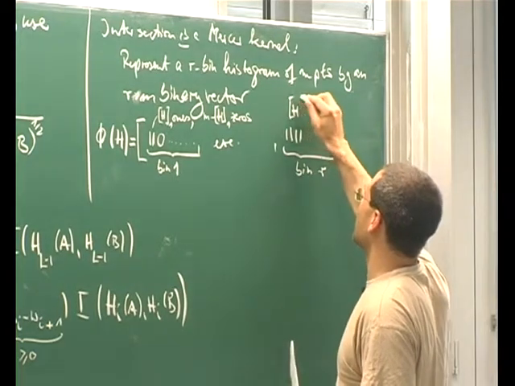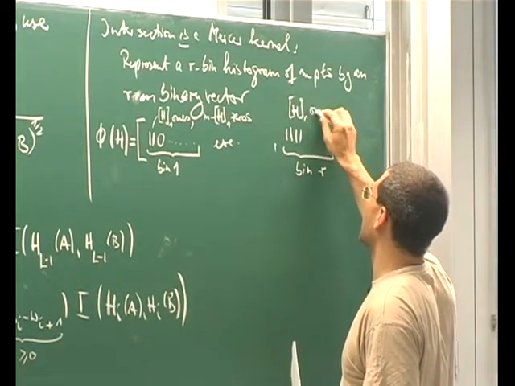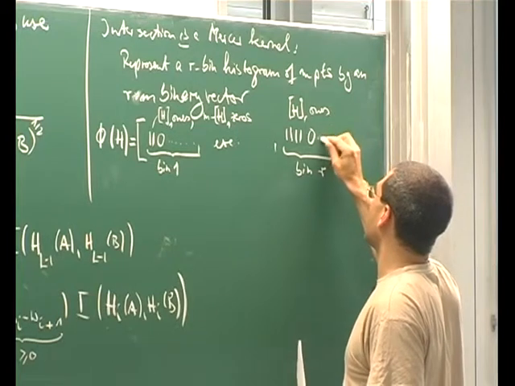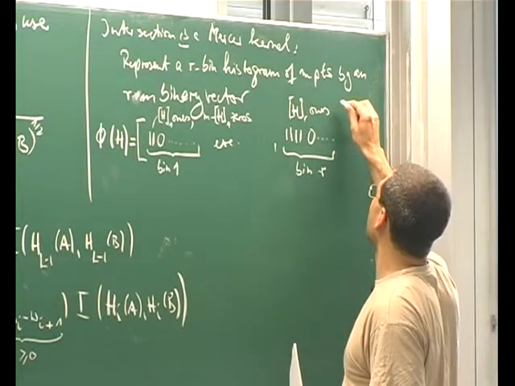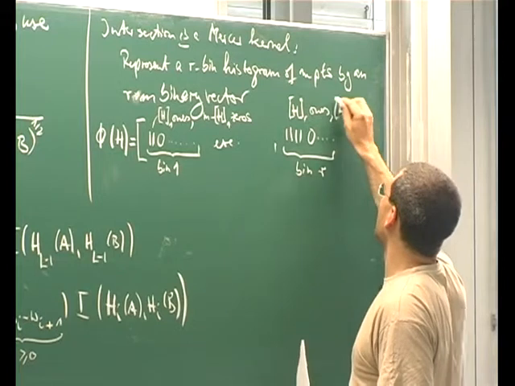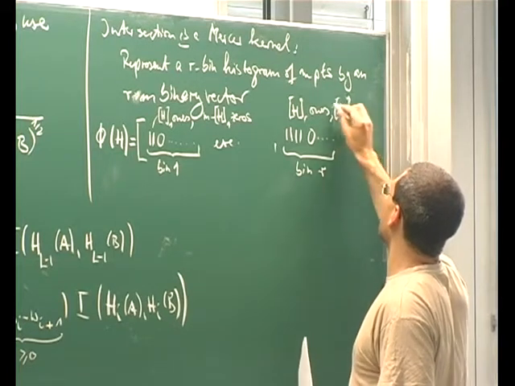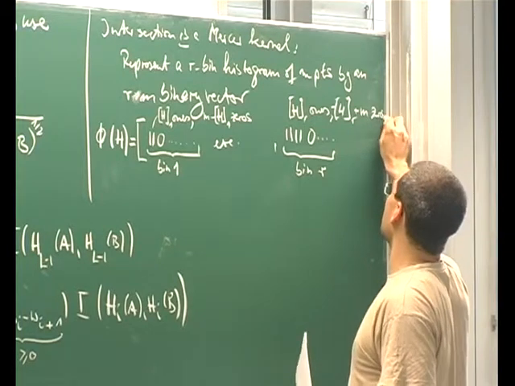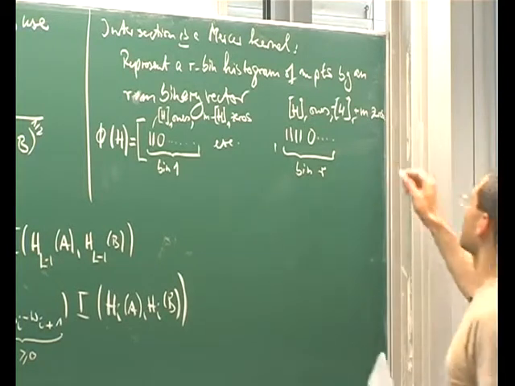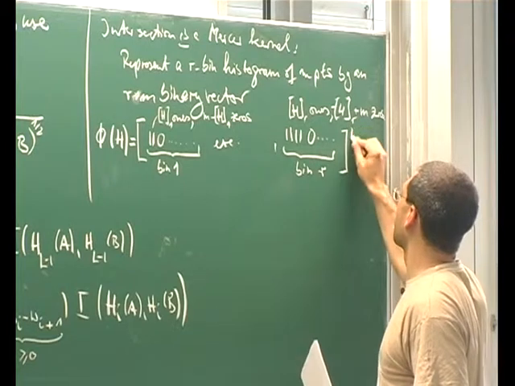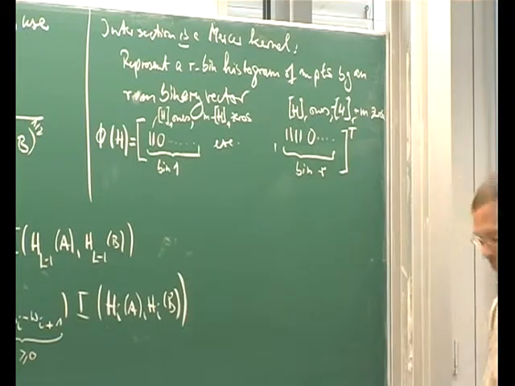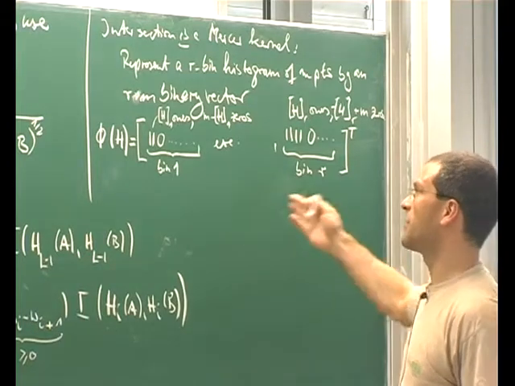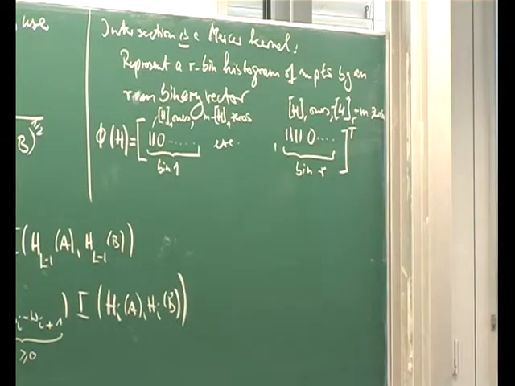So this would be H of R ones, followed by that many zeros. So essentially, we represent the histogram by an indicator vector.